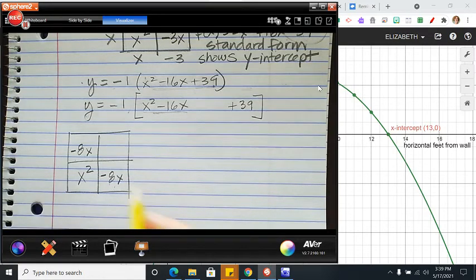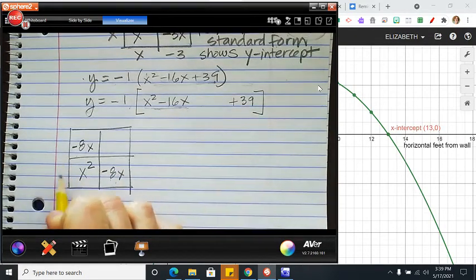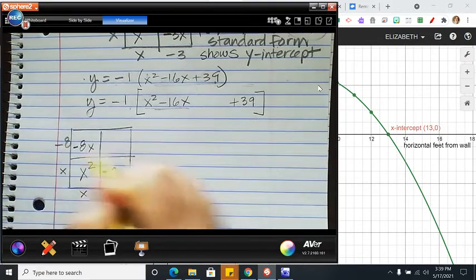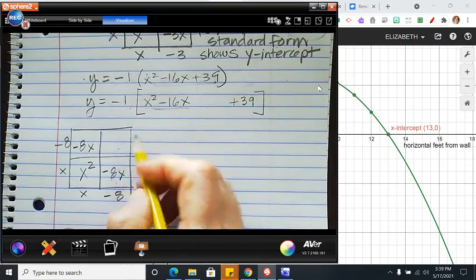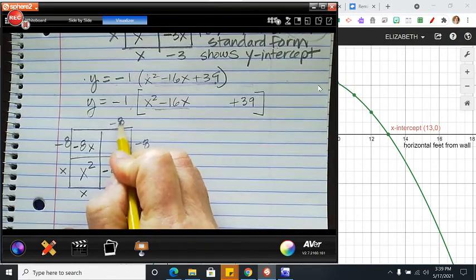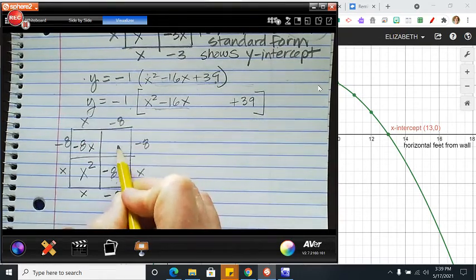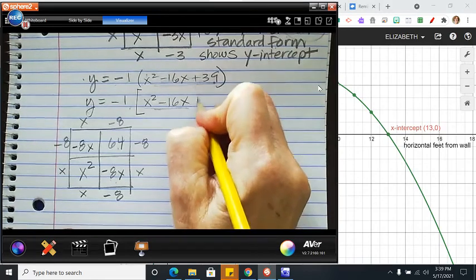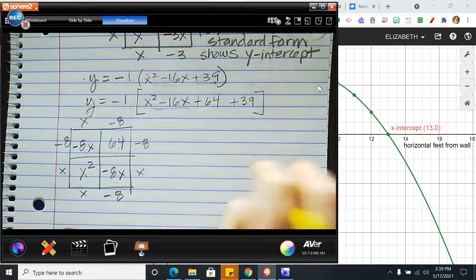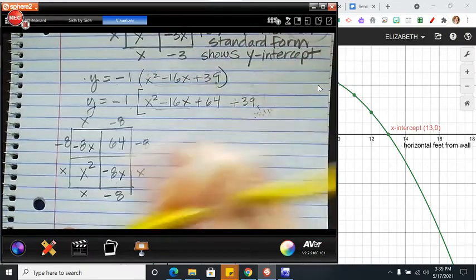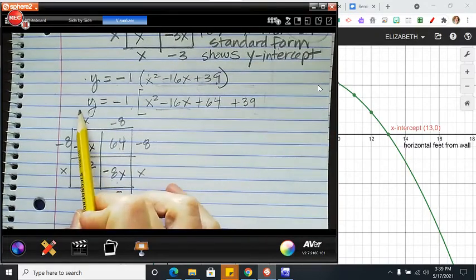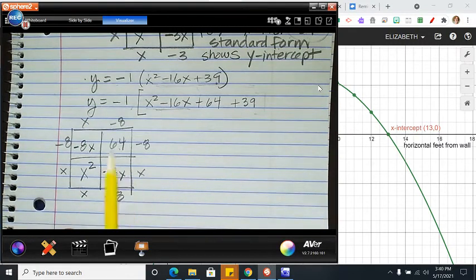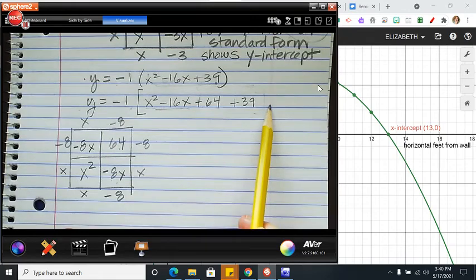This is not easy. Okay, if I was forcing this to be a square, this would have to be 64 for it to be a square. So I'm going to add 64. Now this is an equation, and when we did this with Khan, we added 64 to one side, we added 64 to the other side. I could do that here, but I'm going to wind up subtracting it from this side.